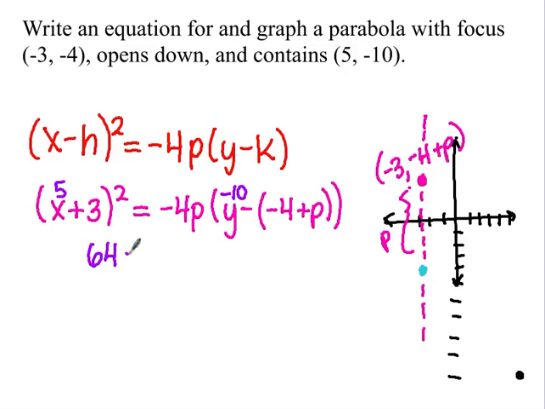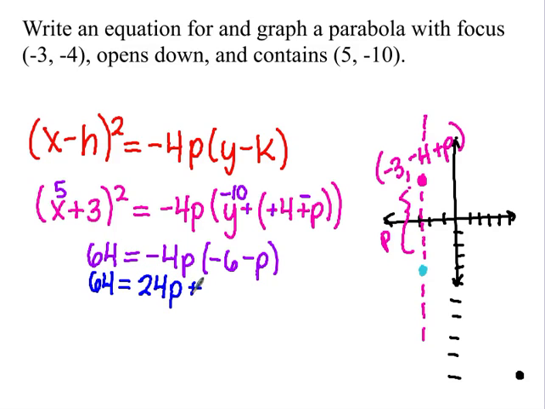64, good. Equals negative 4p, and now I need to simplify this. So this would be like plus, plus, and then minus. So really this is going to be negative 6 minus p. So I get 64 equals 24p plus 4p squared.